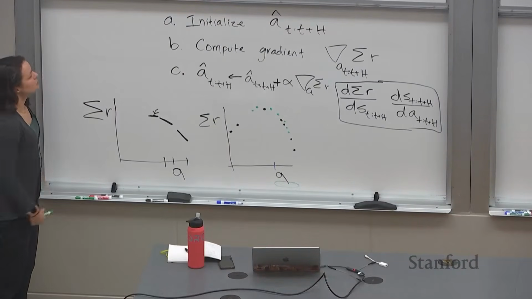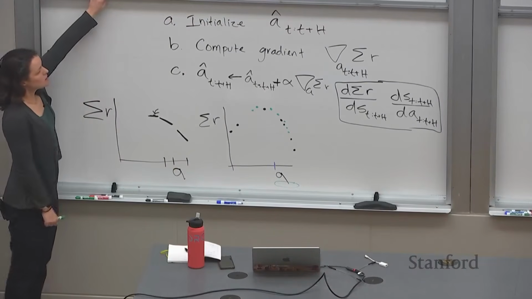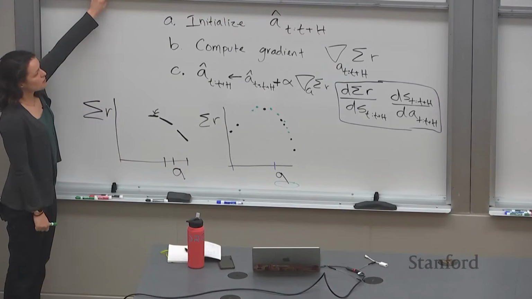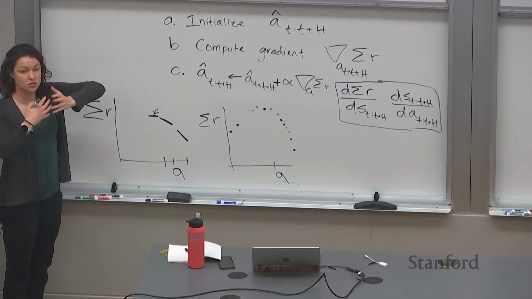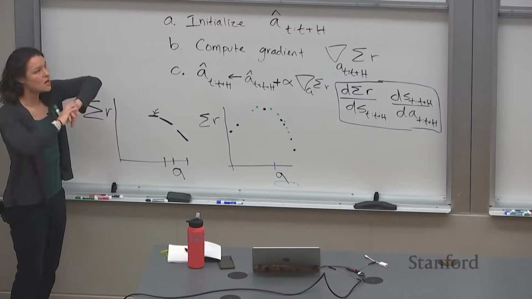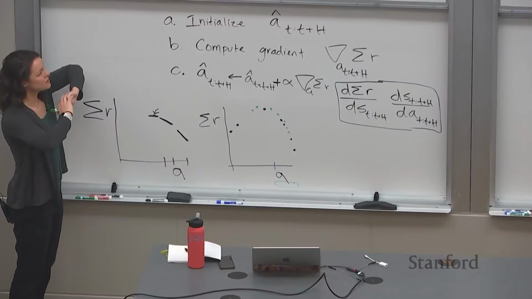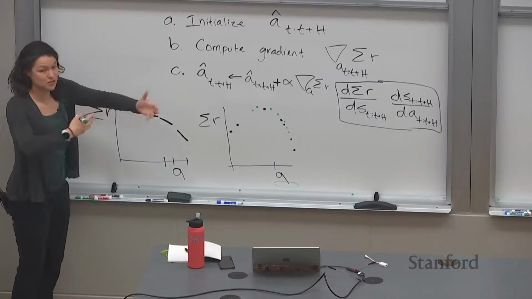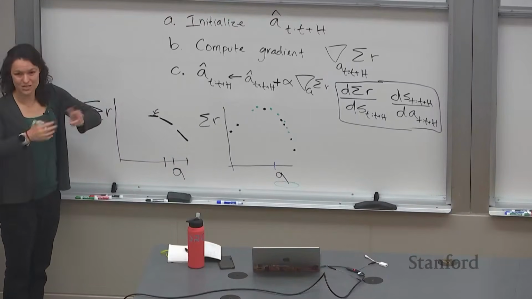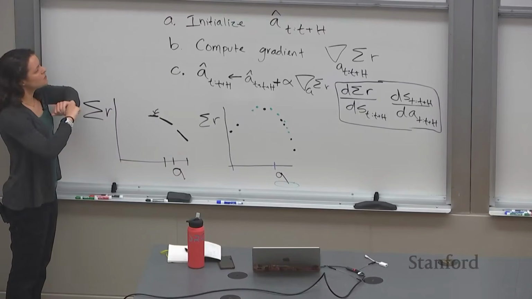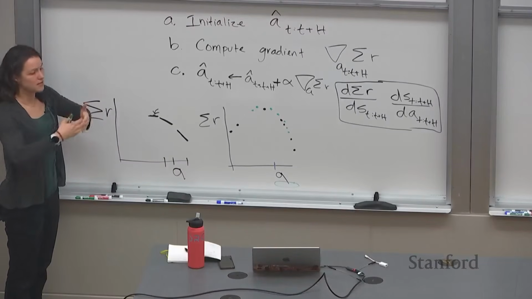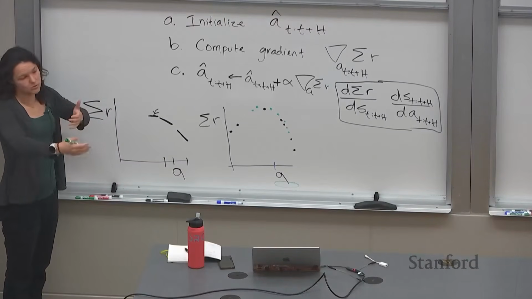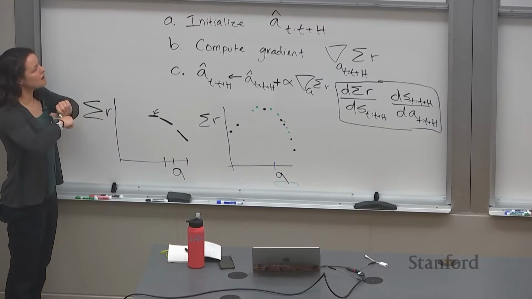The question is, why do I put the quotes around the policy here? The reason is that we're not learning a parametric policy. We're not learning a neural network to represent a policy. There's actually an optimization process underlying the policy here. It's a policy in the sense that it is mapping from a state to an action, or a state to multiple future actions.